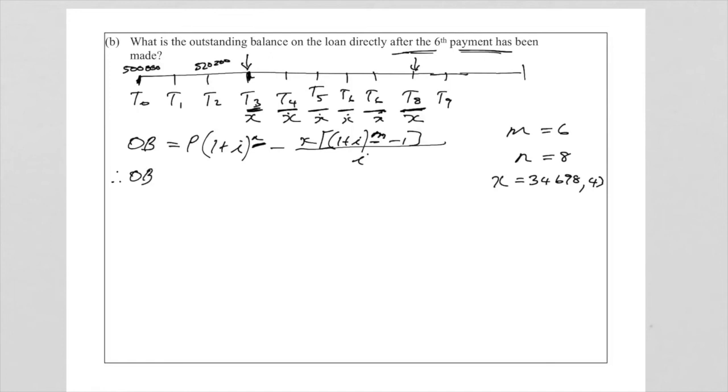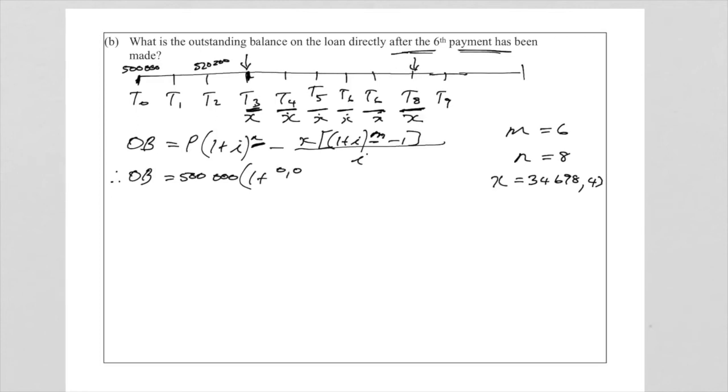So let's now substitute. Our outstanding balance is going to be our P, that is the original loan of 500,000, times 1 plus my interest rate, still the same as in A, 0.08 over 4. We're going to grow this loan for 8 months.